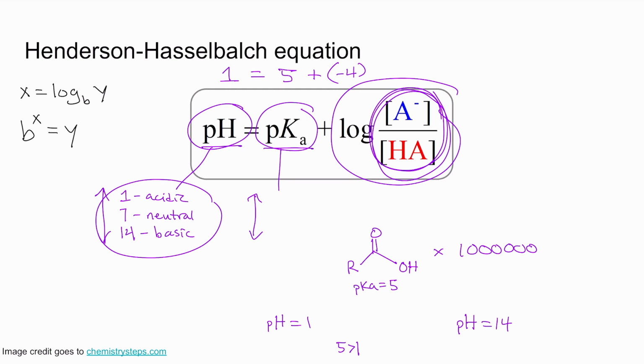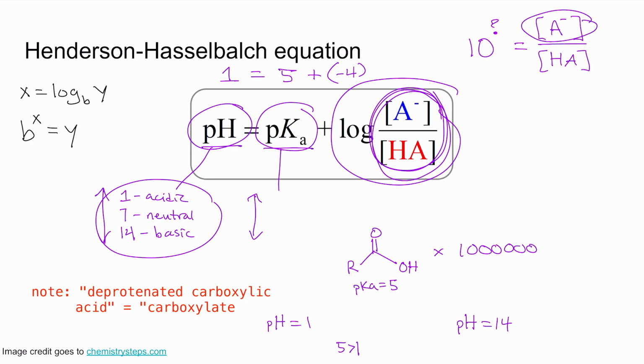So in our equation here, we are essentially saying that 10 to the something power equals the concentration of base over concentration of acid, aka the concentration of deprotonated carboxylic acid and concentration of protonated carboxylic acid.